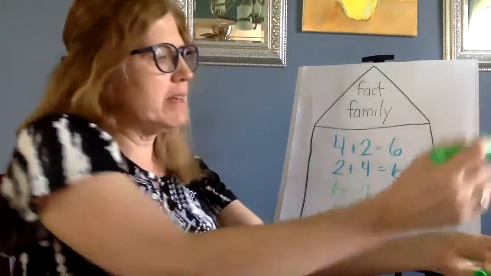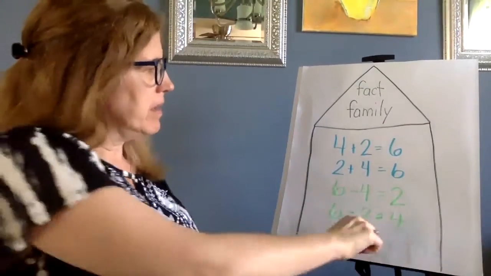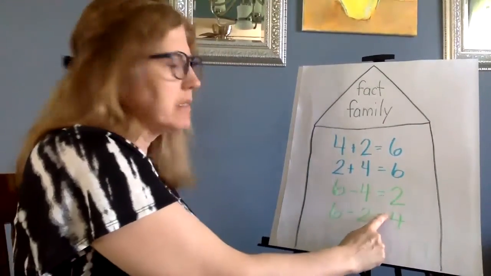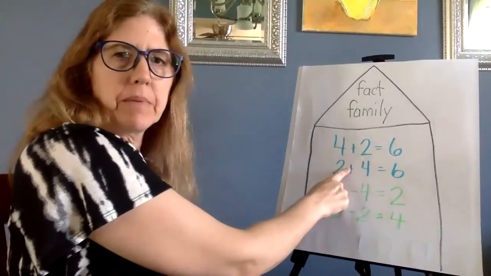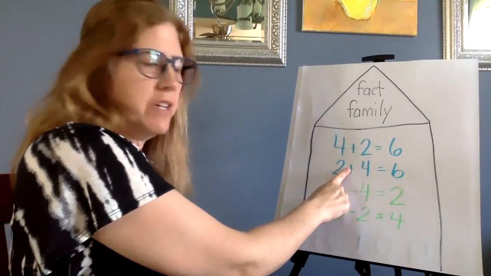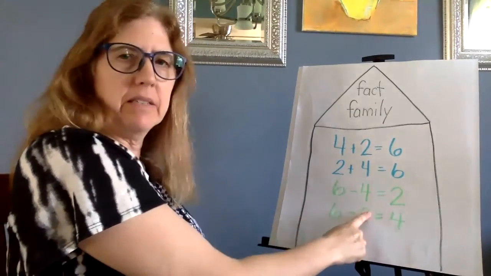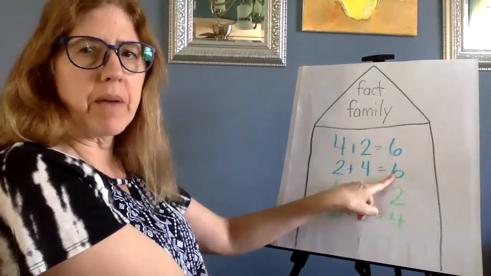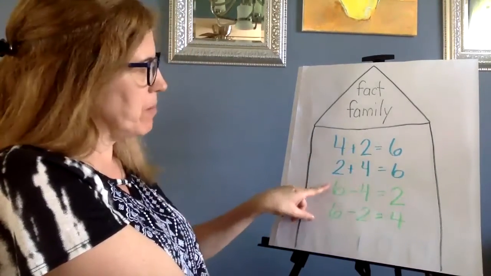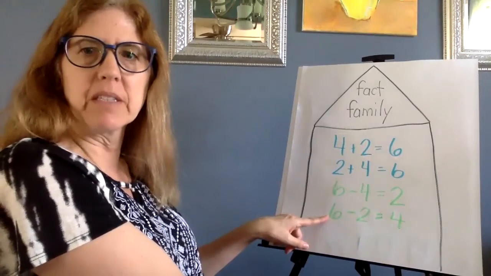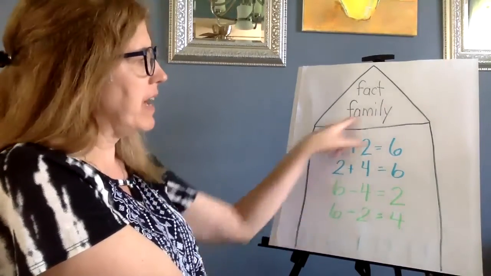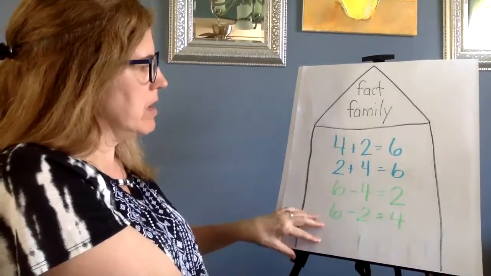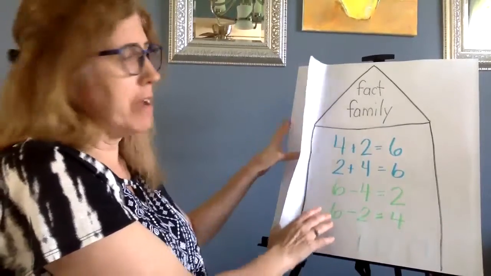Now you can see that these switch places. On the top, they swapped places on this side of the equation. On this side, they swapped on this side. The turnaround fact is on this side. In this one, both of them end with a 6, but in this one, they both start with the same number, the 6. And that's a fact family. 1, 2, 3, 4.